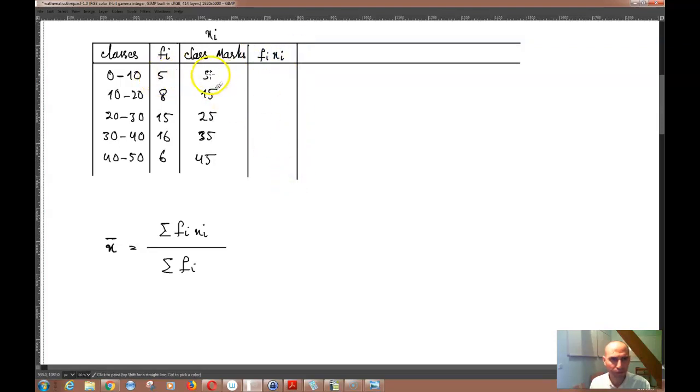So for example, 5 times 5 is equal to 25, 8 times 15 is equal to 120, 15 times 25 is equal to 375.